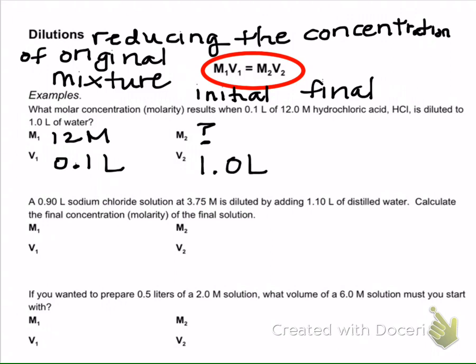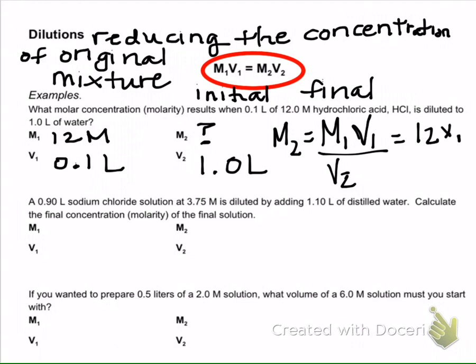So to solve for M2, we're going to do M1 times V1 over V2. That's going to be 12 times 0.1 over 1, which is going to be 1.2 molar. Okay, so that's my M2.